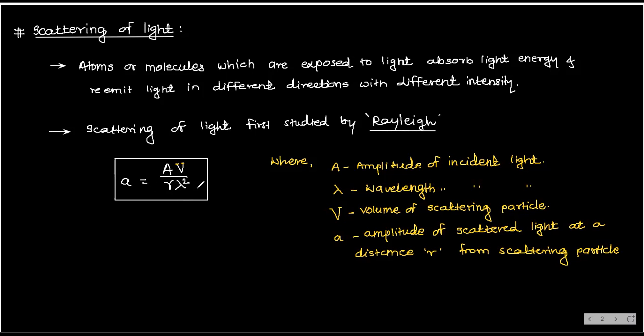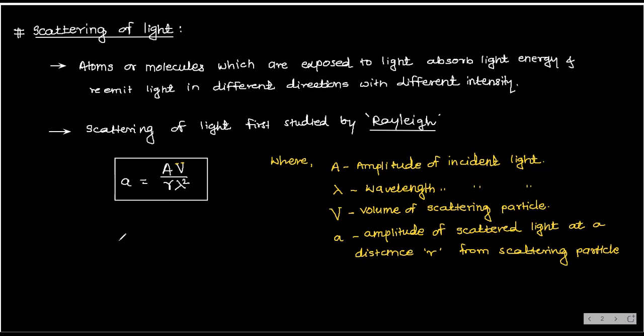So in the formula, small a and capital A are both amplitudes. Capital A is the amplitude of incident light, λ is the wavelength of incident light, V is the volume of the scattering particle, and small a is the amplitude of scattered light at a distance r from the scattering particle.